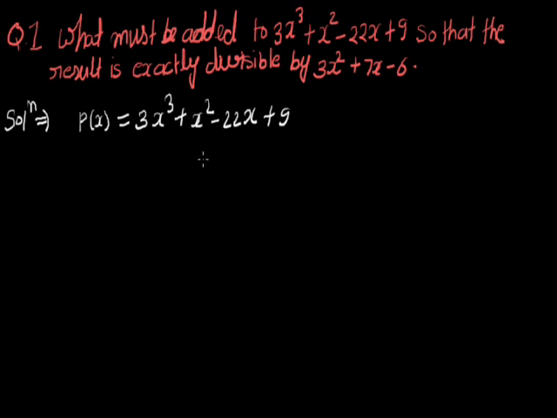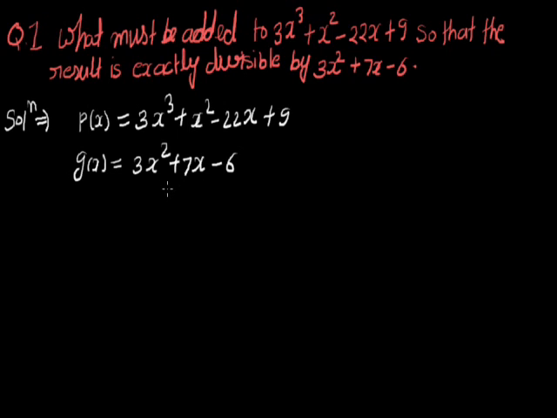Since this polynomial is not divisible by 3x square plus 7x minus 6, there is some remainder after dividing p of x by the given polynomial, that is g of x equals 3x square plus 7x minus 6.